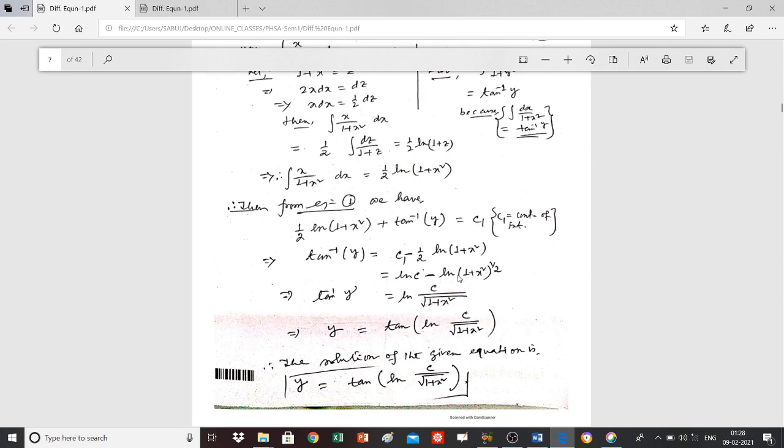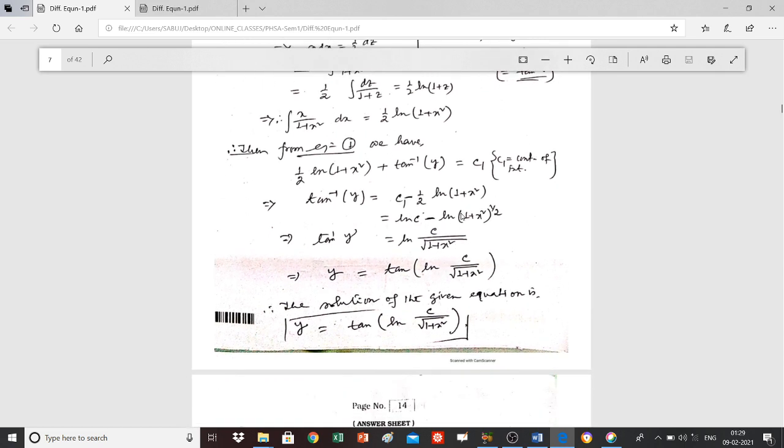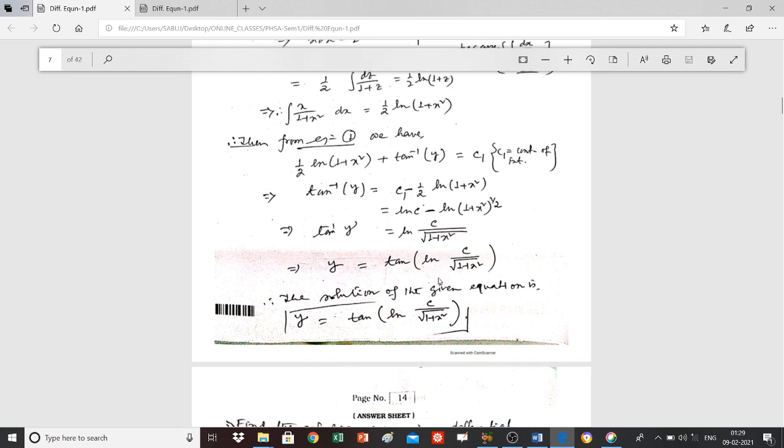Then minus log, you can write this as 1 plus x square to the half, or tan inverse y is equal to log c by root over 1 plus x square. Because the minus sign is there, it will be divided. So now y is equal to tan of log c by root over 1 plus x square. So this is the complete solution.